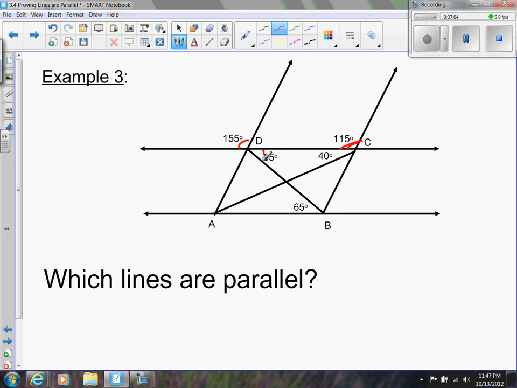Here, I'll use a different color. That angle is 65, this angle is 65. I look at that and I say those are alternate interior angles, and they are congruent.